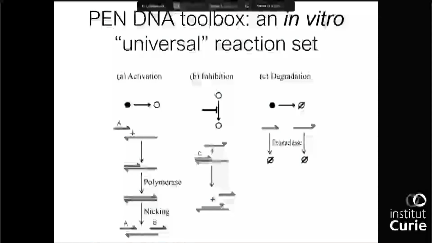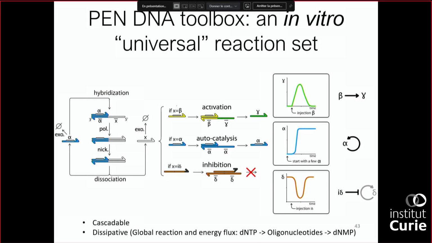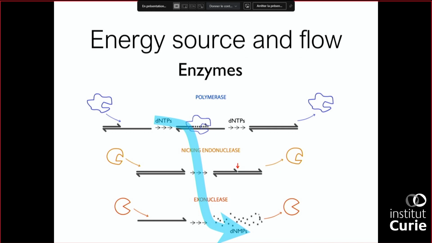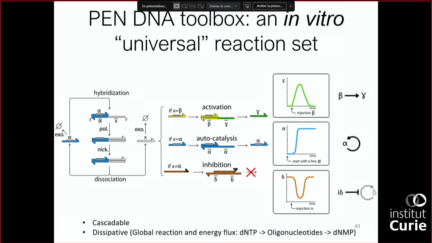From that, we can start to build small networks, which is represented here. We initiate from strand alpha. It can hybridize on the first template, the first rule, and create an output, and then this output can bind on another template and create a secondary output, and so on. For example, here we have a simple activation.